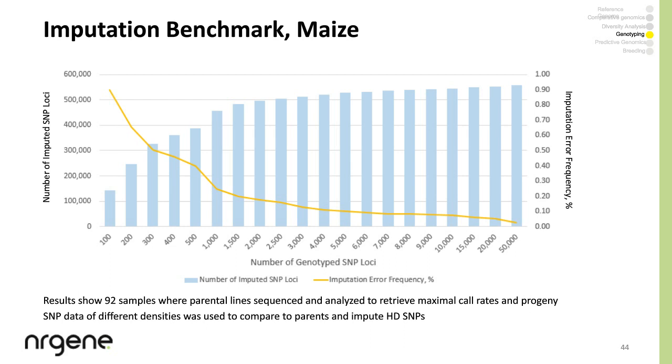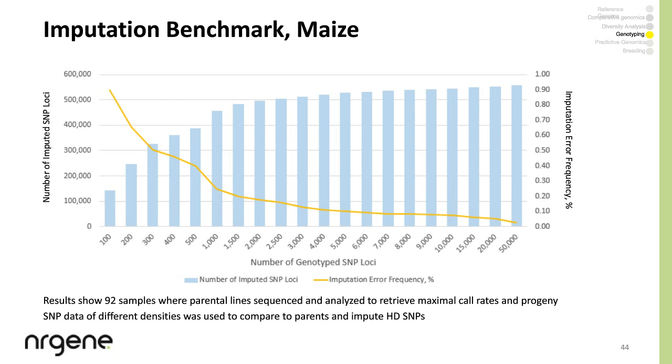And from those loci, we can select subsets of loci and treat those as the genotyped loci, and from those impute the ungenotyped loci, which are simply loci that were genotyped, but we're masking those data. On the horizontal axis, you see the number of loci that were included in the subset that we're calling genotyped data.